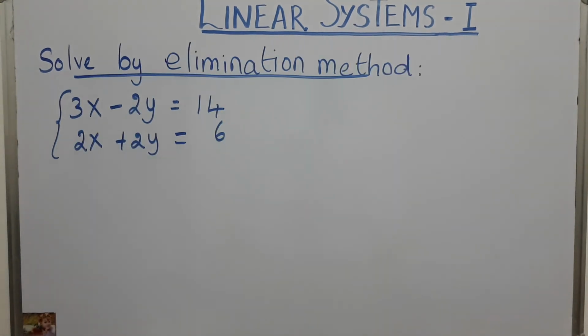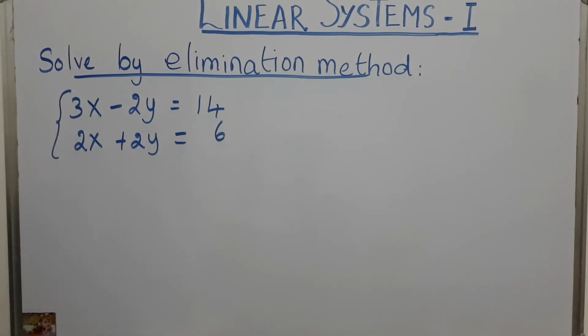Now we can see how to solve the linear system of equations by using the elimination method. For the elimination method you have to see how you can eliminate one variable first. When you are adding these two equations you have to eliminate one variable.